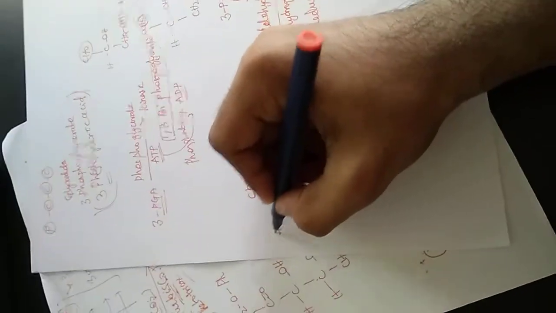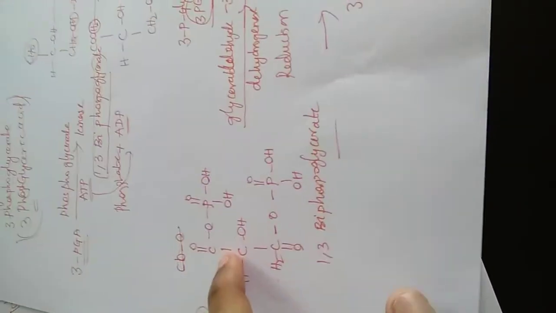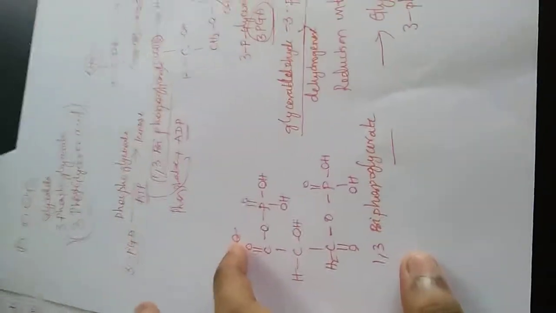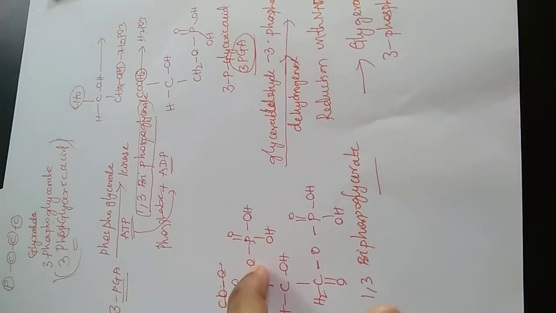Okay, let me explain this step. This step is very basic, very important. We took 1,3-biphosphoglycerate. This is one of the intermediate compounds formed. This intermediate compound is formed by this method.